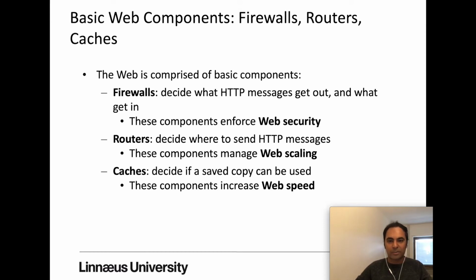So the firewall basically controls the web security, the security in terms of your machine or browser, and also the security in terms of the application server or web server.